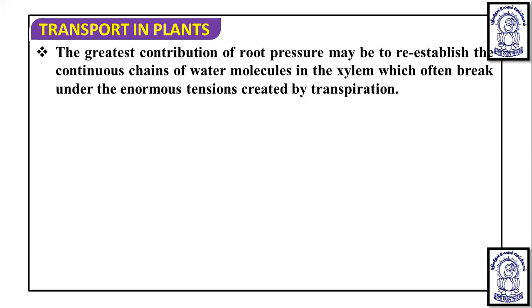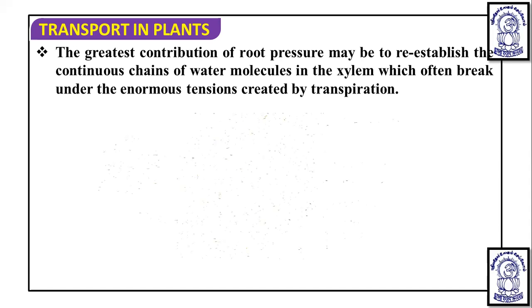This pulls up, or takes up, water from the xylem. Due to this, continuous pulling of water occurs, and the xylem has water channels, water columns. That water column can break. If the water column breaks, there is a need of a push, and that push will re-establish the continuous chain of water column.